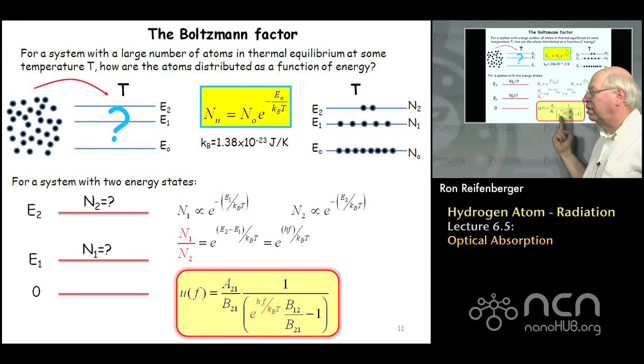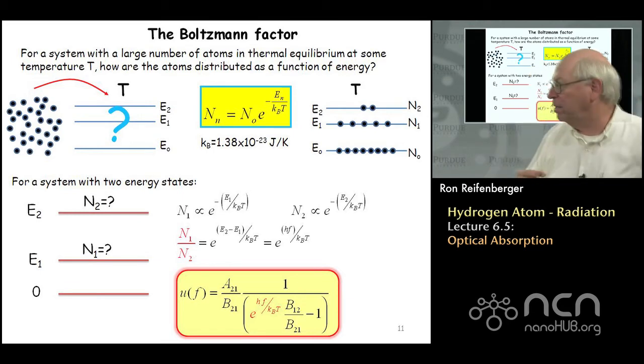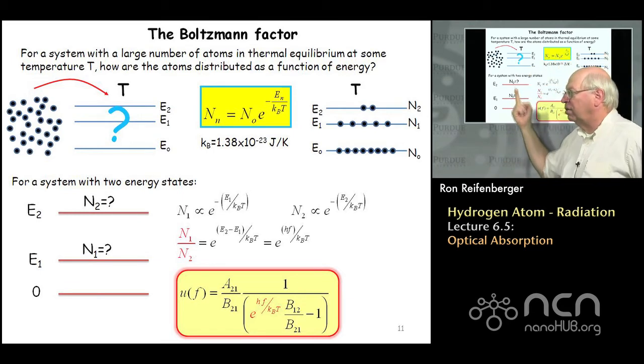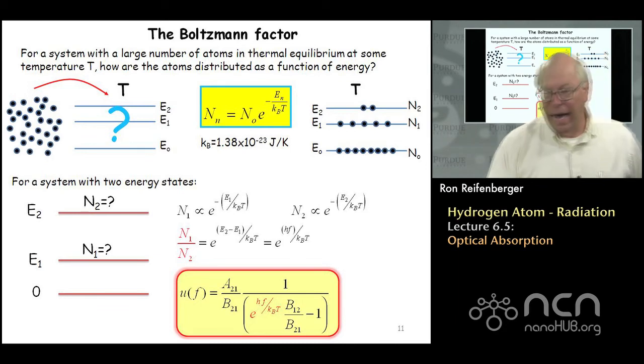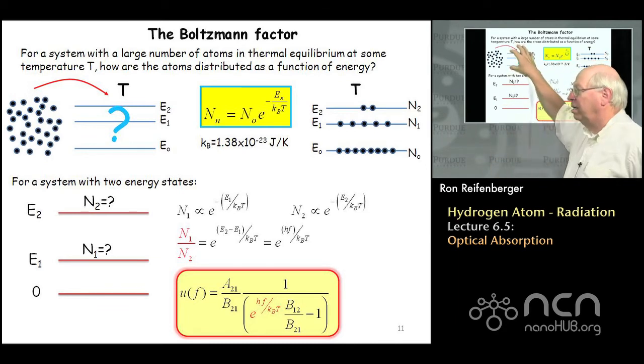That expression is this exponential that depends on the frequency of light that's emitted when the electrons undergo these transitions, and it also depends on the absolute temperature T that the atoms have when they're distributed in this system.